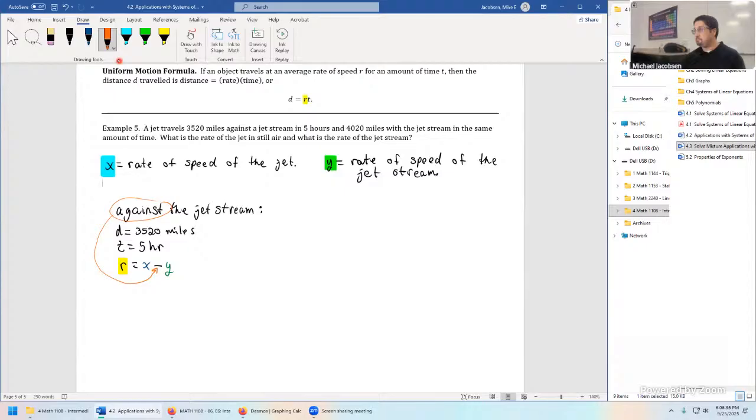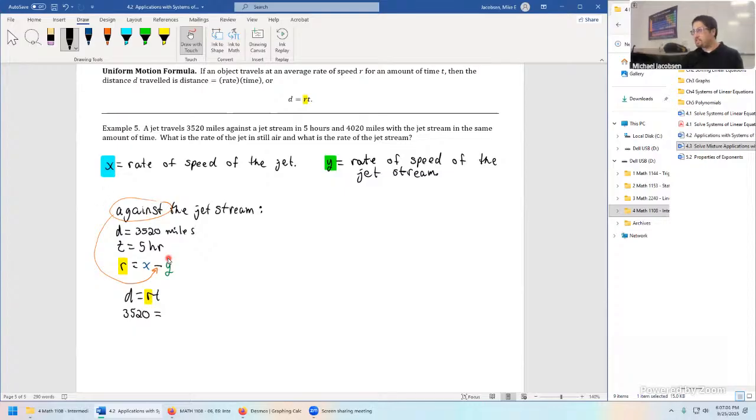But with all that together, we can use the formula distance equals rate times time. Put this all together using the information we have, and the equation becomes, for distance d, 3,520 equals, for the rate of speed r, that's our x minus y that we plugged in right here.